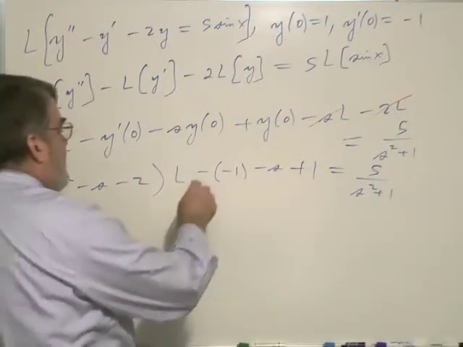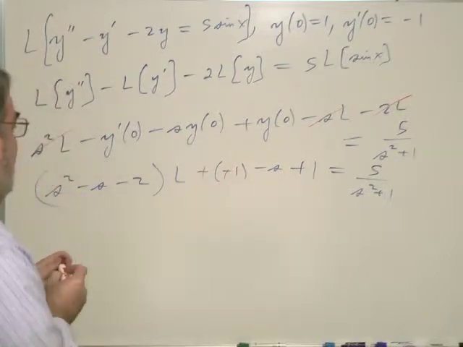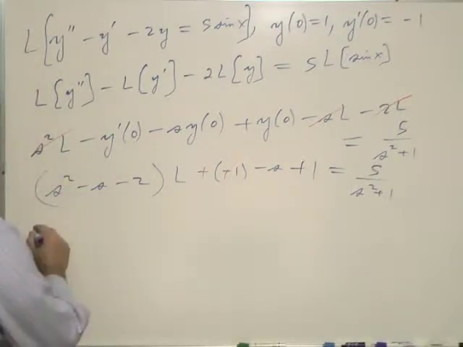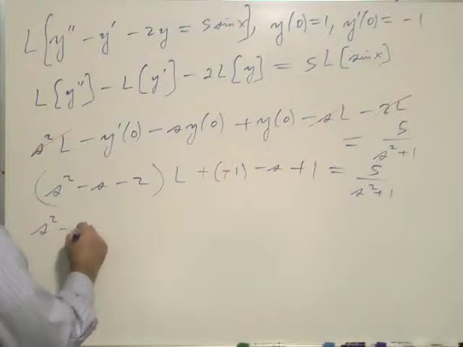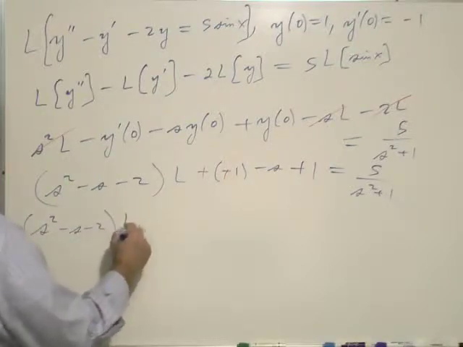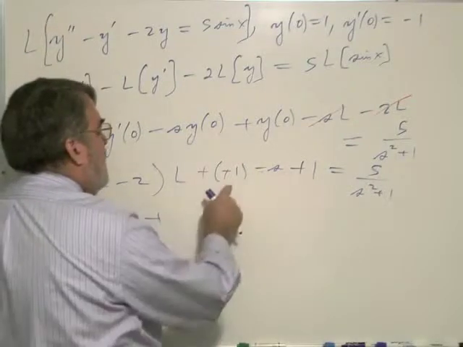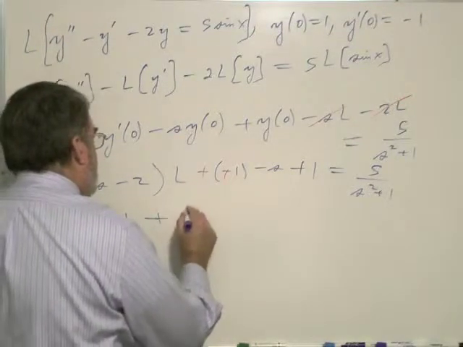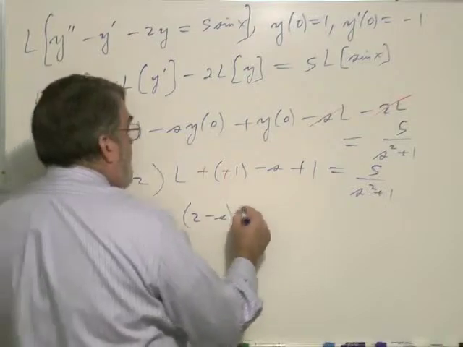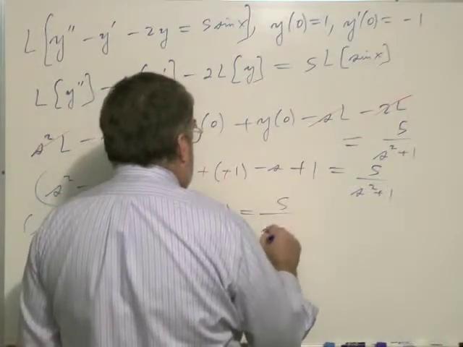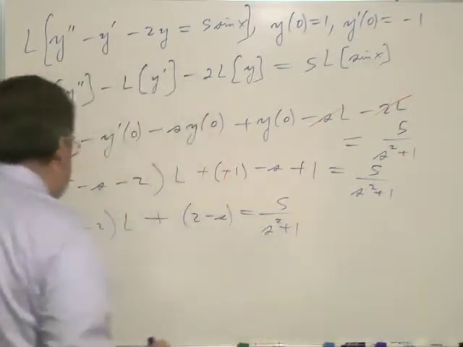So let's see what we got here. I've got s squared minus s minus 2 times L, plus 1 plus 1, 2 minus s, equals 5 over s squared plus 1.